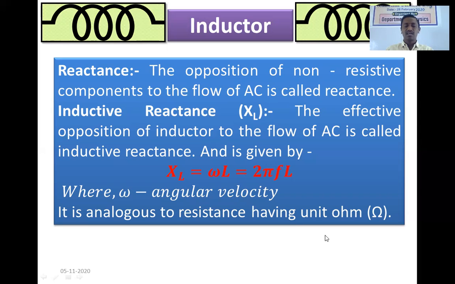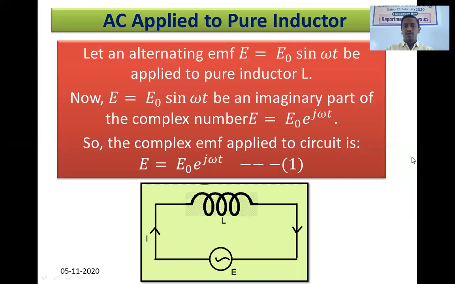The only difference is that the opposition of resistance is frequency independent, while the opposition of non-resistive components like inductors or capacitors is frequency dependent, but having the same unit as ohm. Okay, now let us apply the j operator method for a circuit containing a pure inductor.